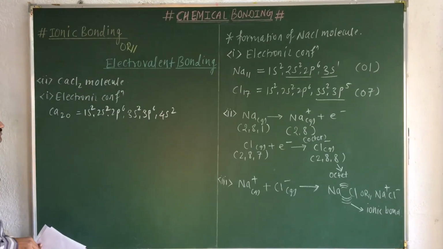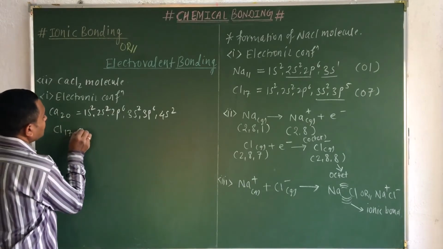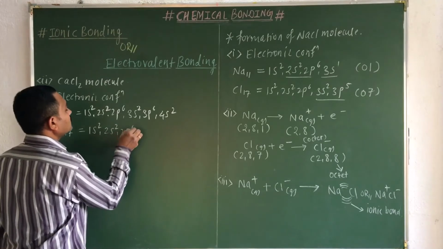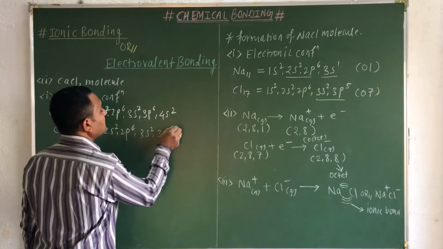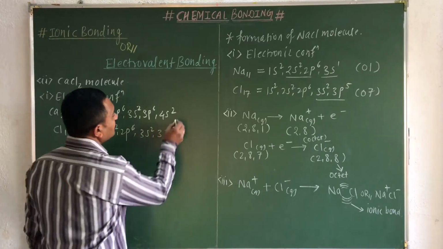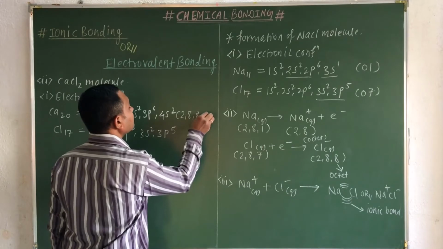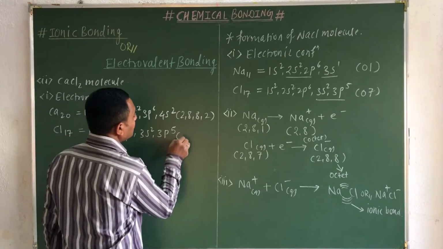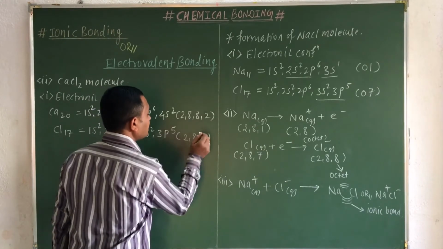Now chlorine, atomic number 17, has electronic configuration 1s2, 2s2, 2p6, 3s2, 3p5. So I will write calcium as 2, 8, 8, 2, while chlorine will have the electronic configuration 2, 8, 7.